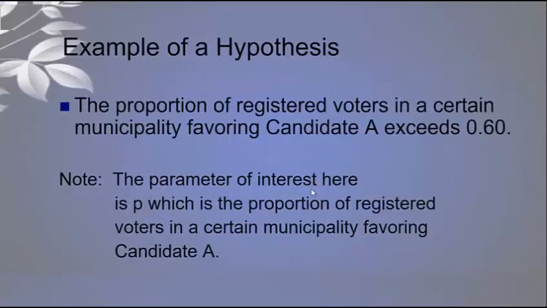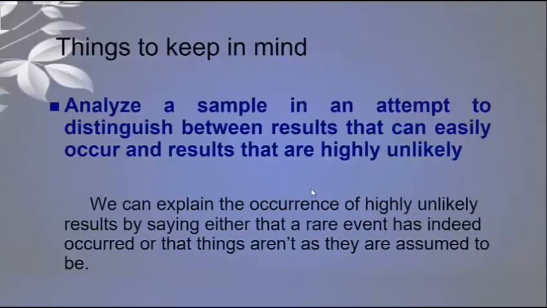Another example: the proportion of registered voters in a certain municipality favoring candidate A exceeds 0.60 or 60%. The parameter of interest here is P, which is the proportion of registered voters in a certain municipality favoring candidate A. We have to keep in mind, we analyze a sample in an attempt to distinguish between results that can easily occur and results that are highly unlikely.